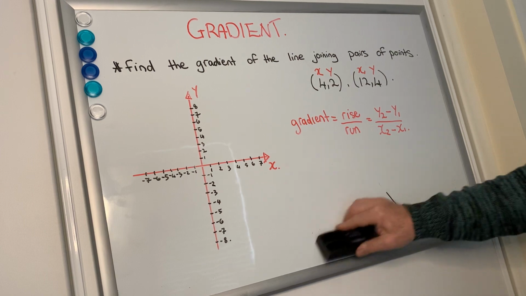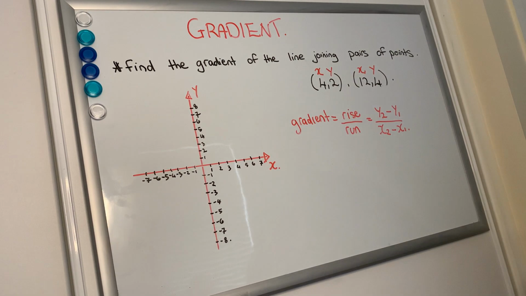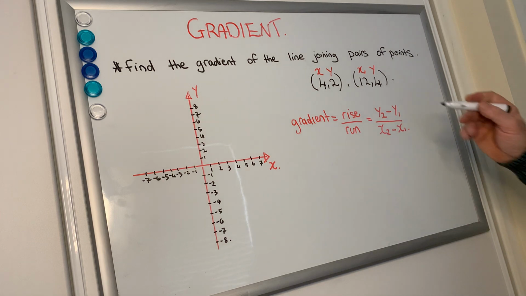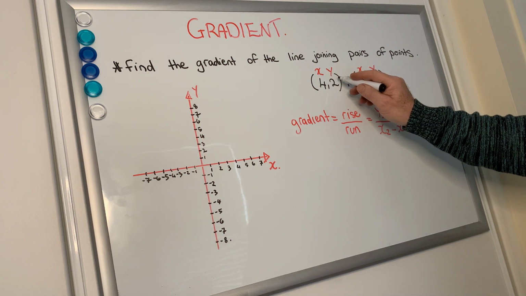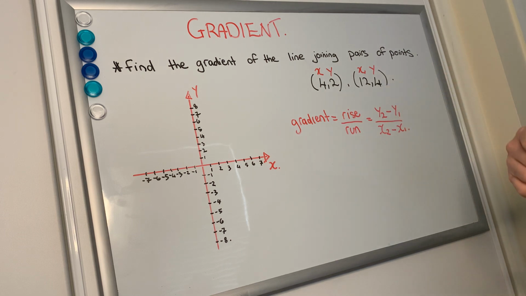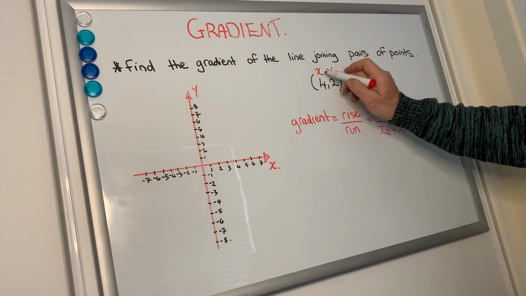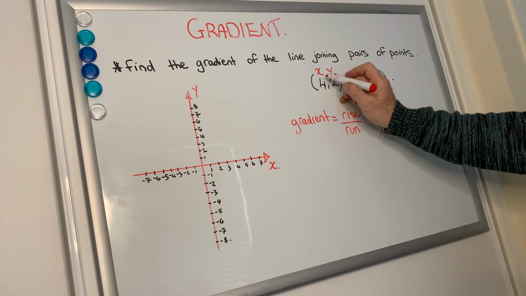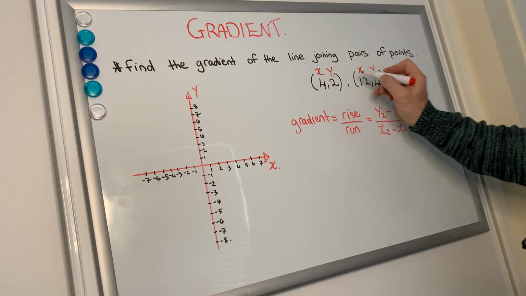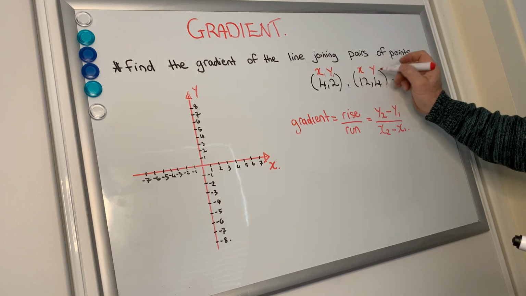Now, let's have a look at these two pairs of points, or these two coordinates: 4, 2 and 12, 4. We've got x1, y1, and let's call this one x2, y2.